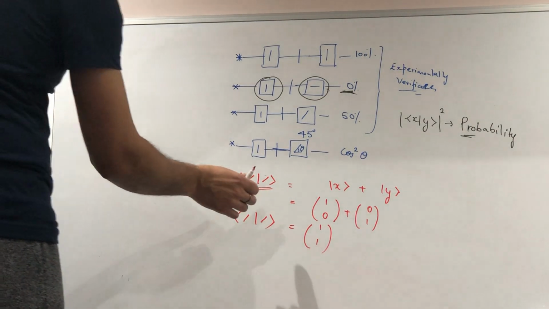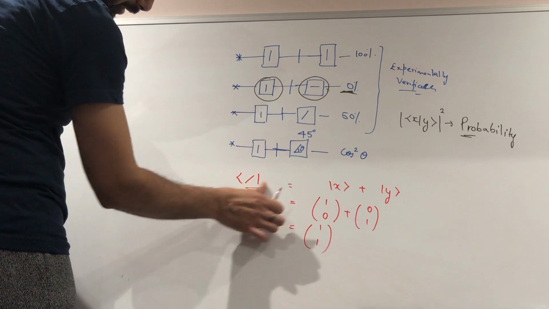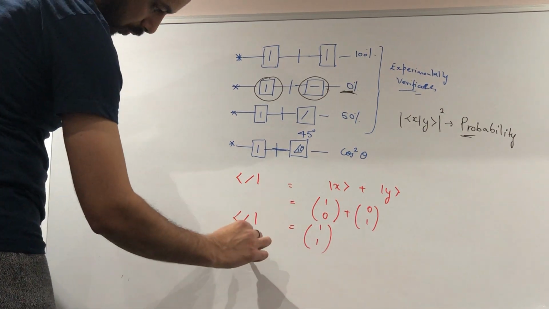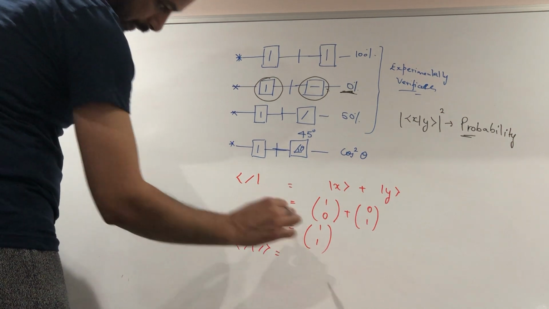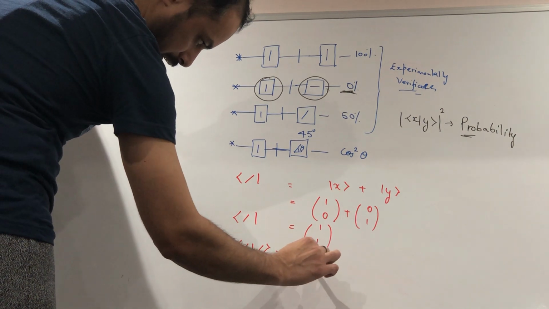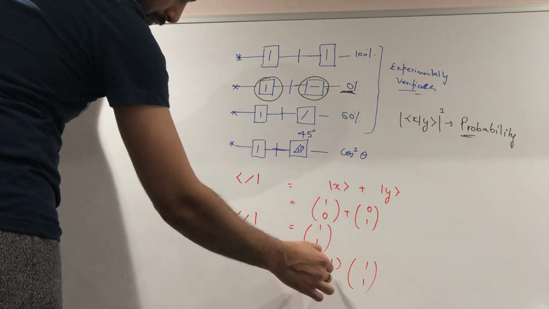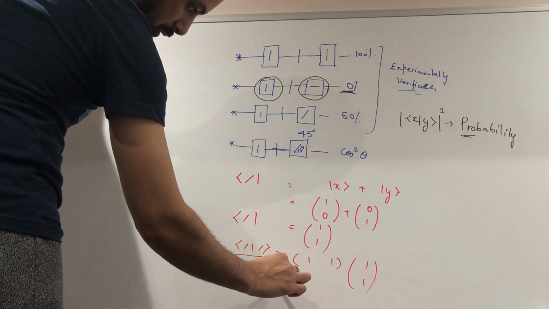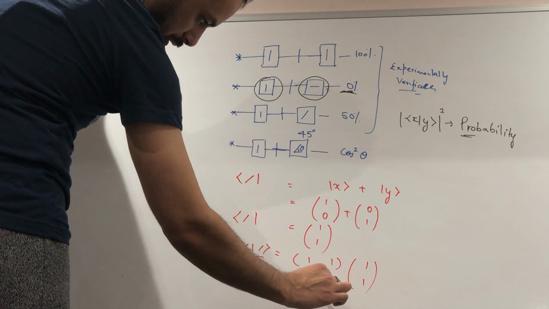So I represent this state like this. How do I find the inner product? I will write the first elements like this, then this is how we find the inner product. This multiplied by this 1, this multiplied by this 1, 1 plus 1 is 2.